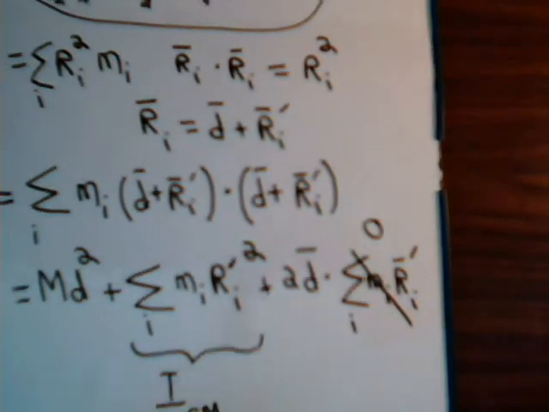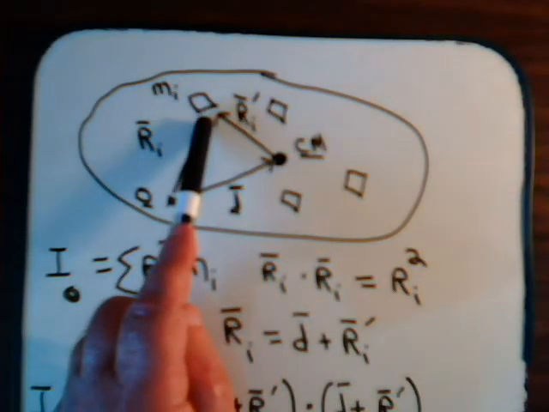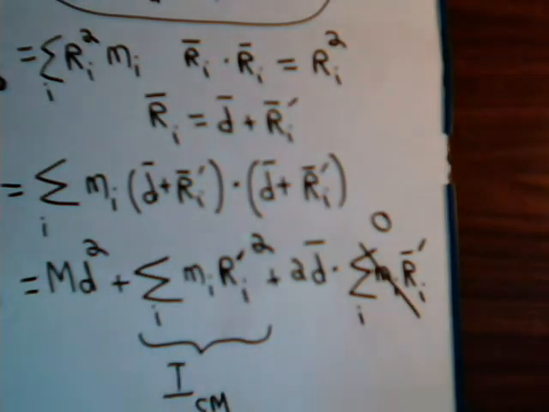Well, here, the position vector is starting at the center of mass and going to this. And we have that magnitude squared. So this is the moment of inertia about the center of mass.